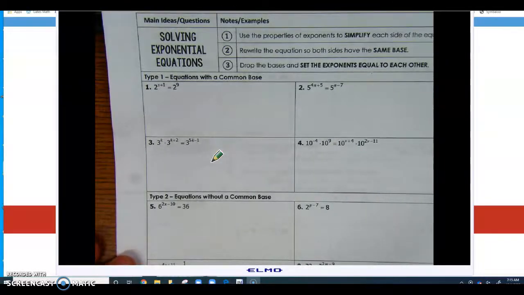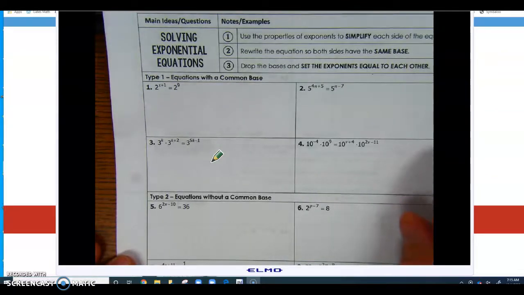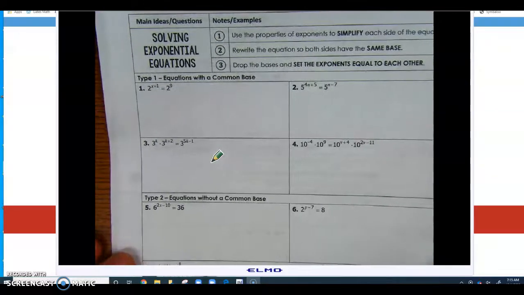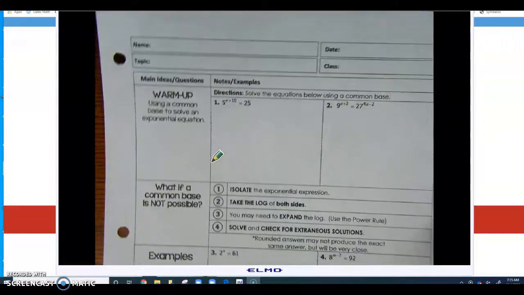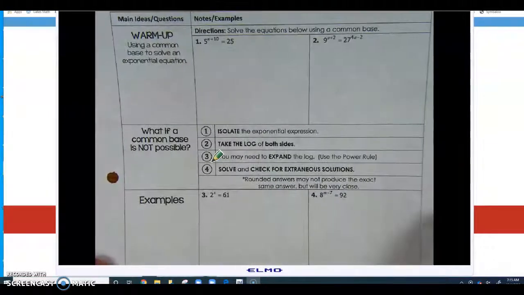Morning, everybody. We're going to look at the last two pages in your notes packet, solving exponential equations, and more exponential equations, but in the second one, we're not going to be able to find a common base.